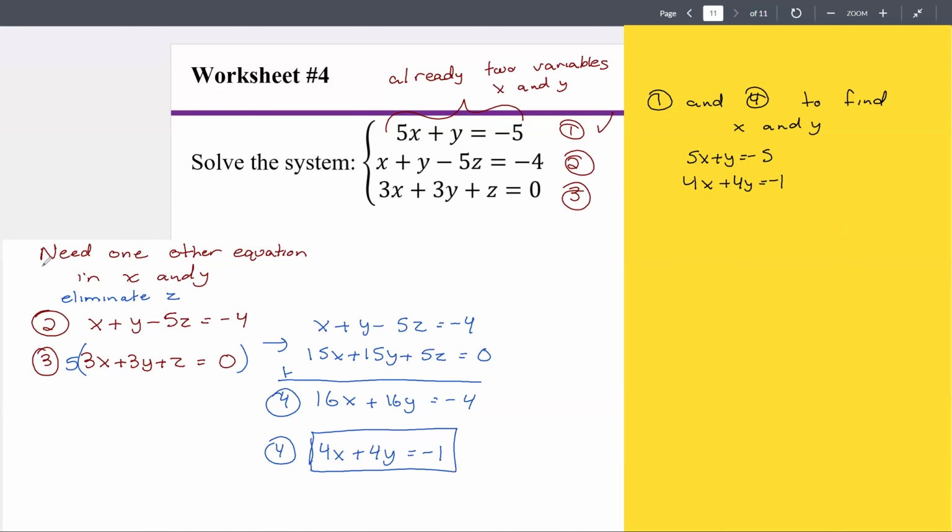So if I just take the top one and I multiply by a -4, we're going to make this a little easier for us because then we'll have a -4y and a +4y. So we're going to end up with -20x minus 4y equals 20.